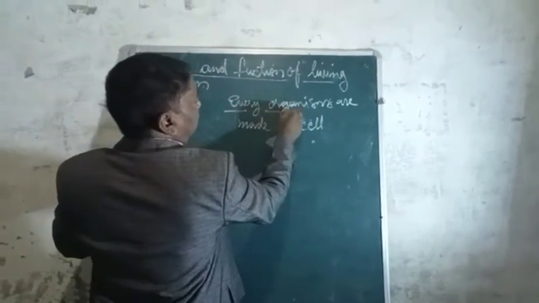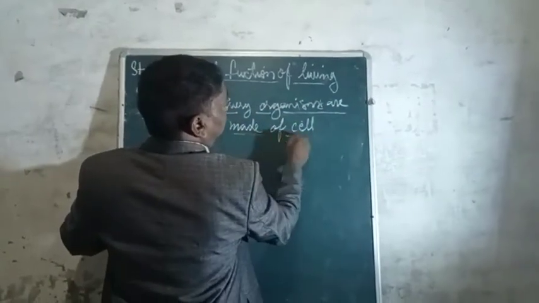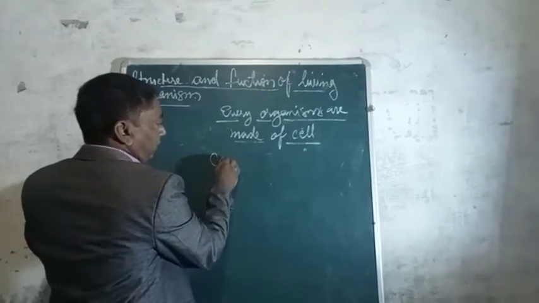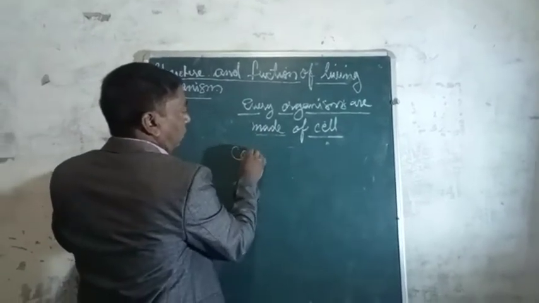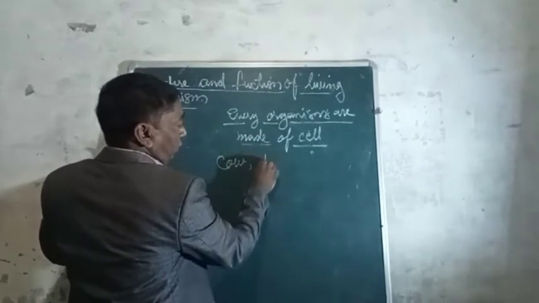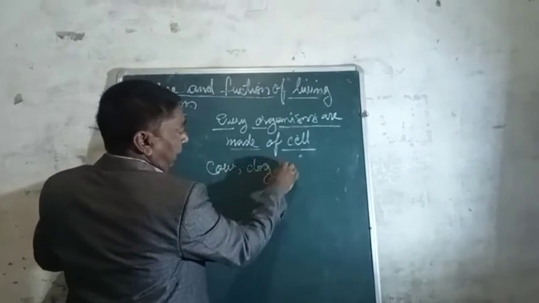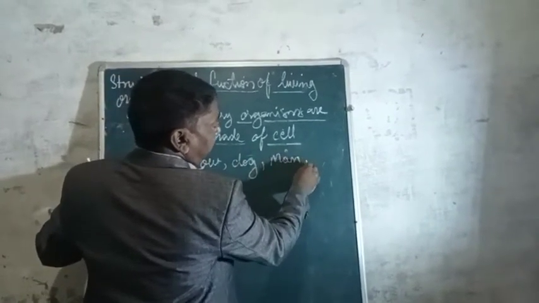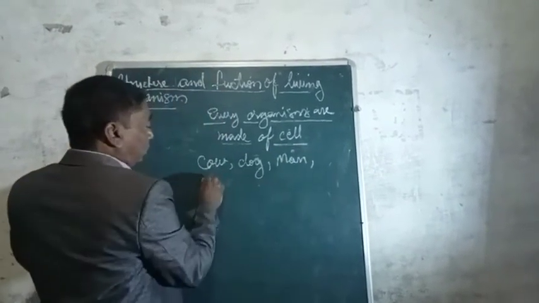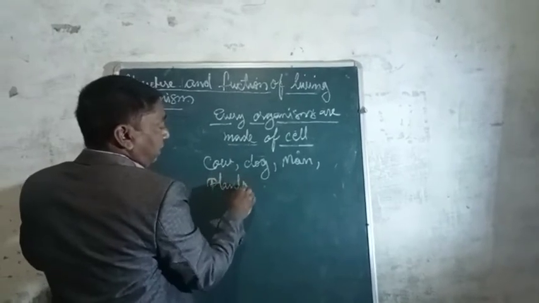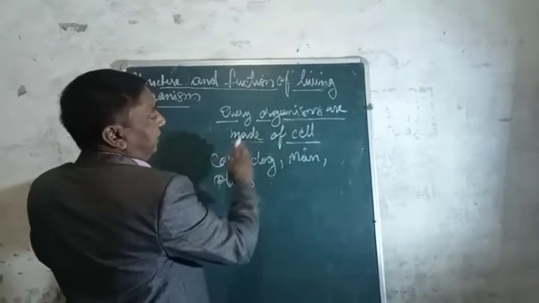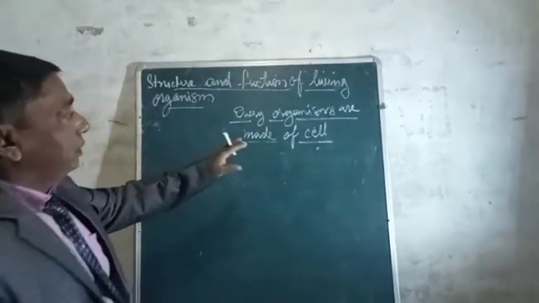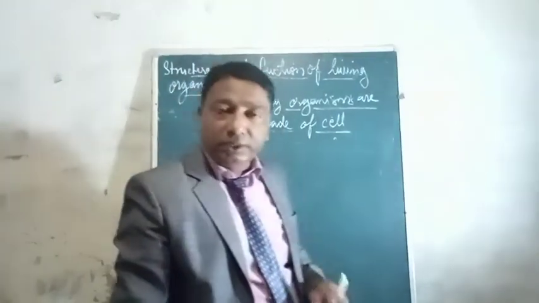Every organism is made up of cells. A cow is also made of cells. A dog is also made of cells. A man is also made of cells. Animals, plants, everything. Every organism is made up of cells.